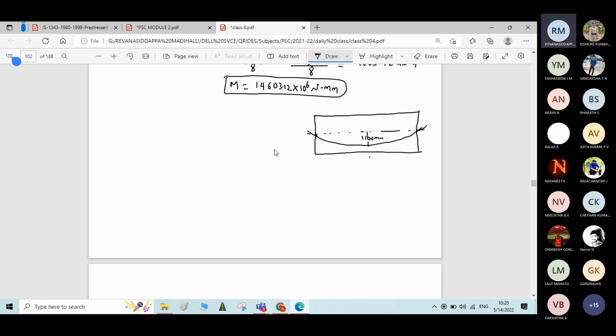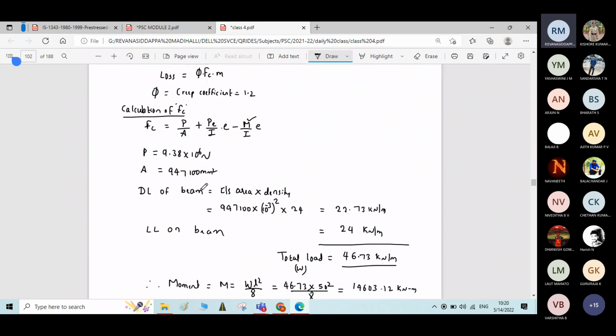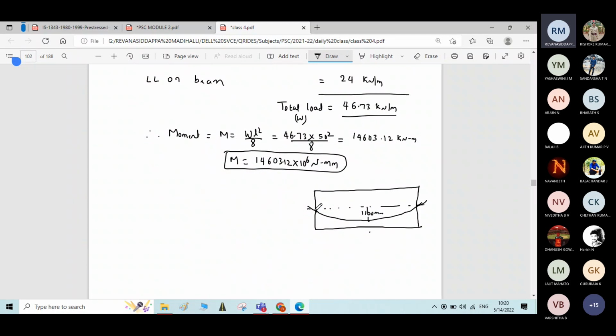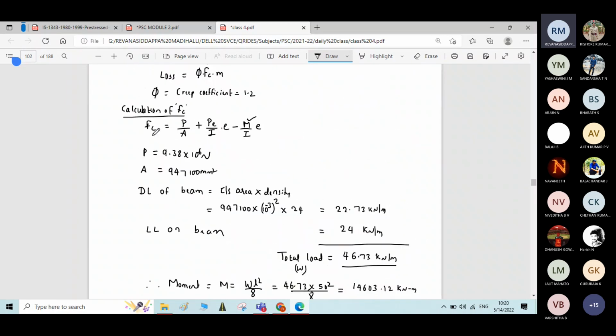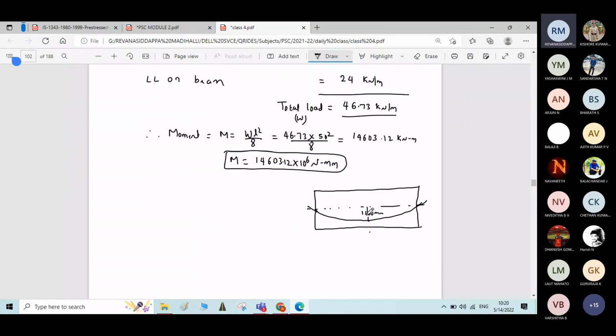FC value at support where eccentricity is 0, FC value at midspan where eccentricity is 1100 mm. Average stress in the concrete.